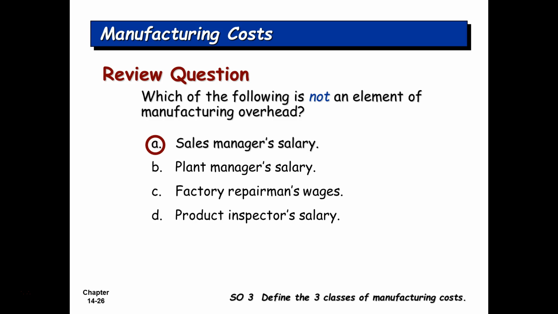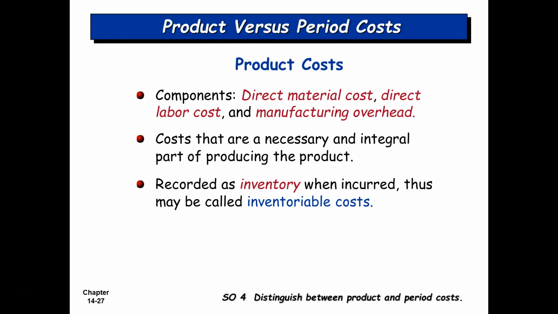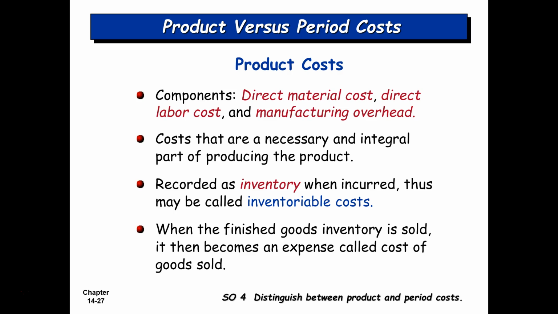We then go on to the next couple of components that talk about what is a product cost versus a period cost. Product cost is basically direct materials, direct labor, and manufacturing overhead.